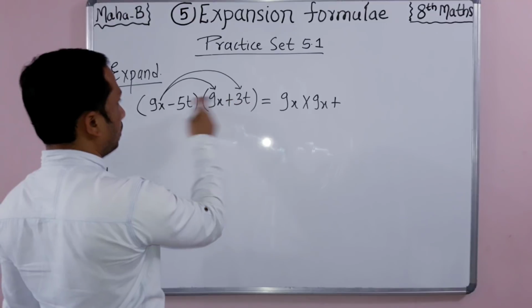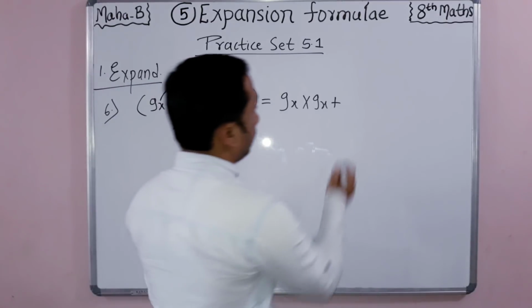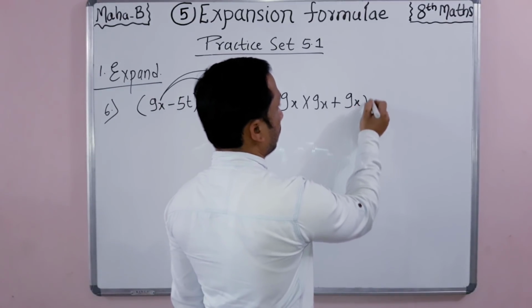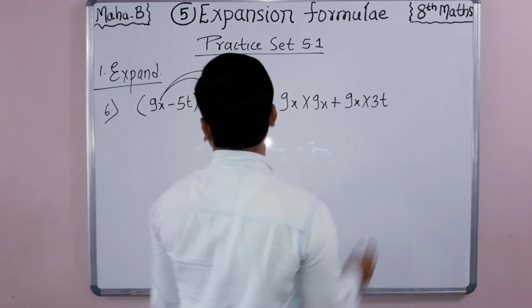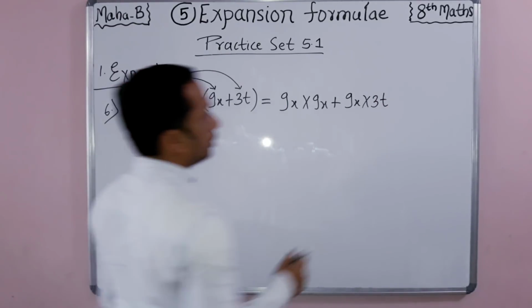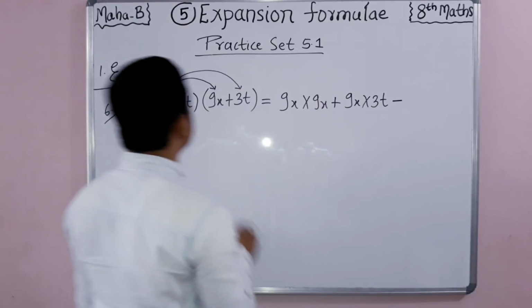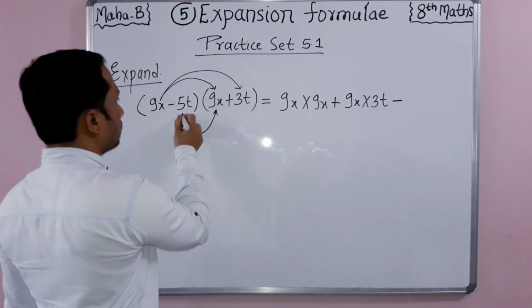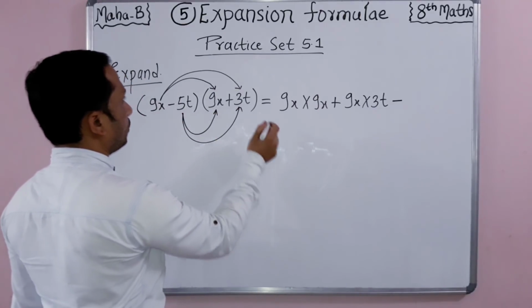Again plus sign for 9x into 3t. Now this is the minus sign, so write minus 5t into 9x and minus 5t into 3t.